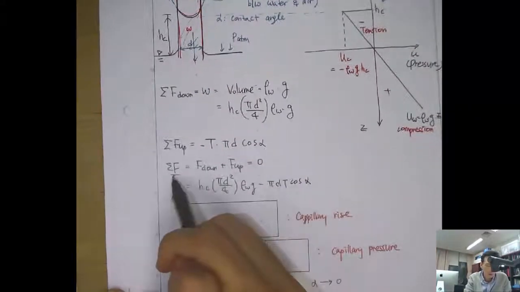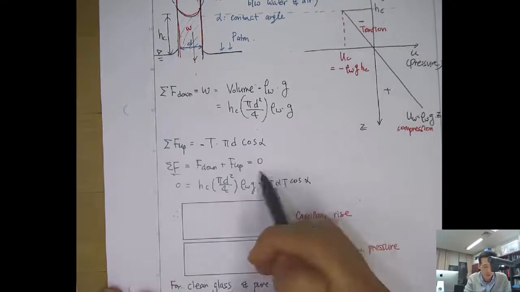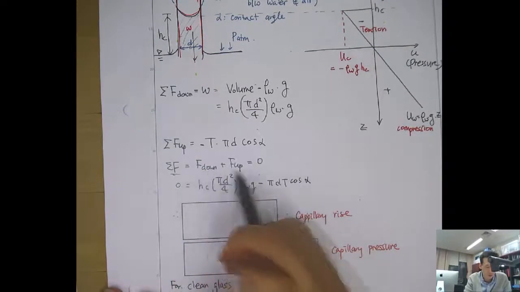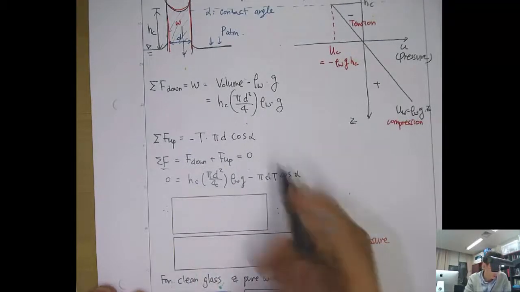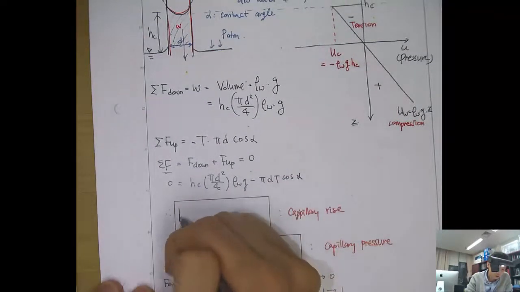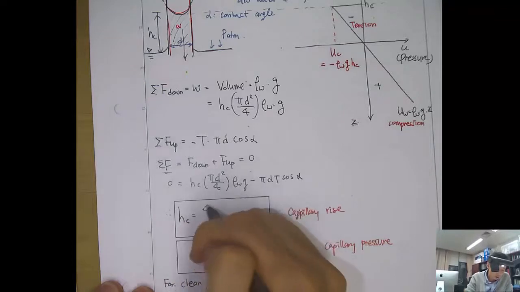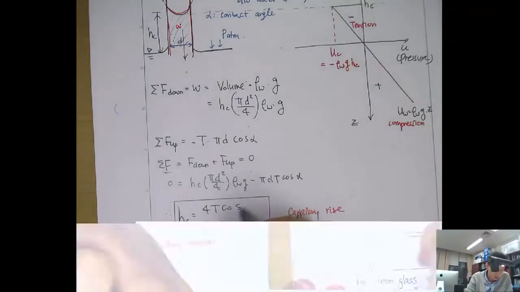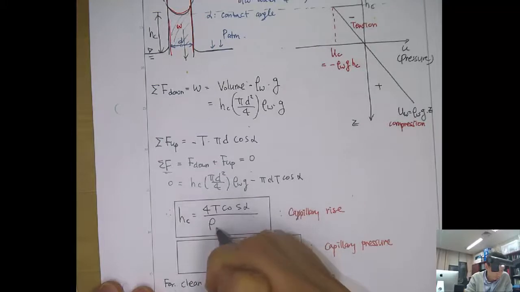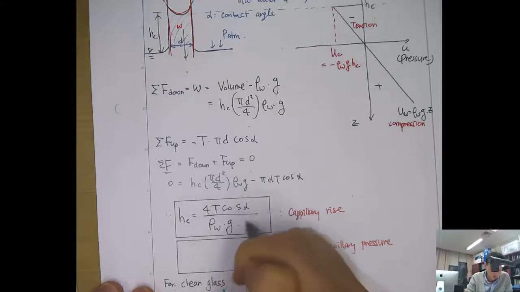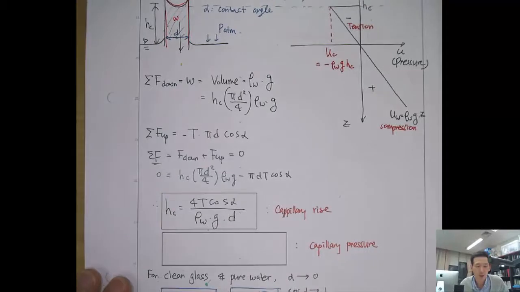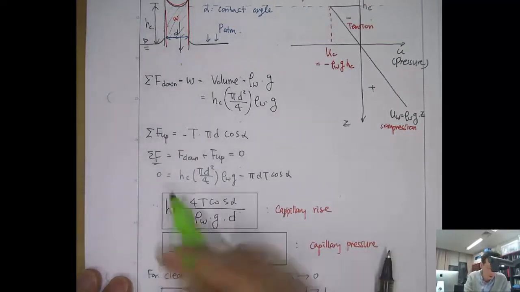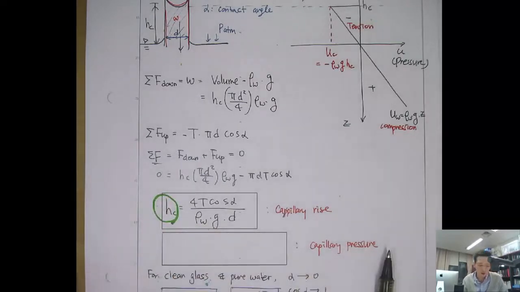So the summation of the vertical force will be 0 if you sum F down and F up. Then you end up with this equation. Then if you solve it for hc, then hc = 4T cosine alpha over rho w g d. This will be the final equation that you can use to compute the capillary rise hc.